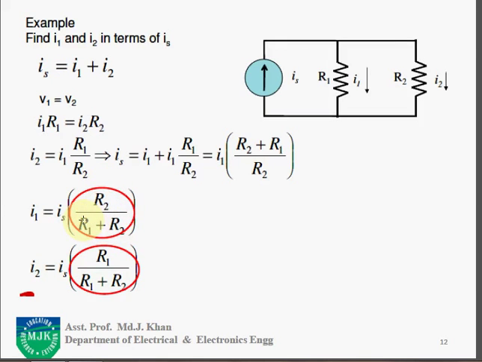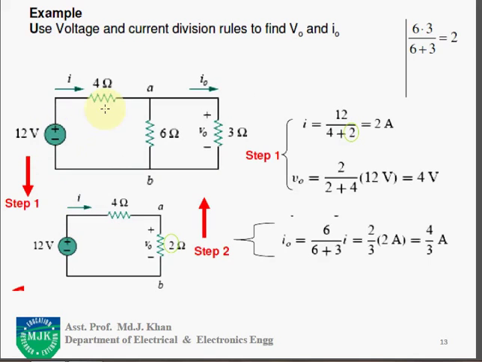Okay. Now I have taken a live example to find the voltage and current. For the voltage division rule you can go through step 1, and for the current division rule you can go through this. These two branches are connected in parallel. I have solved this here, and it is equivalent to 2. Now I can directly write 4 plus 2 is 6, so the equivalent is 6.